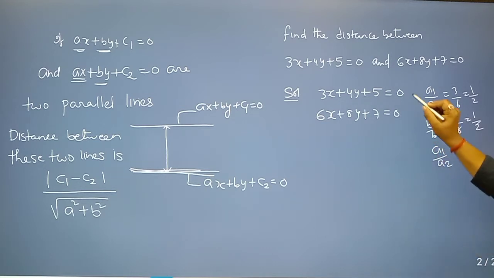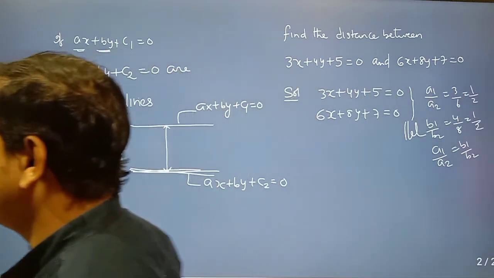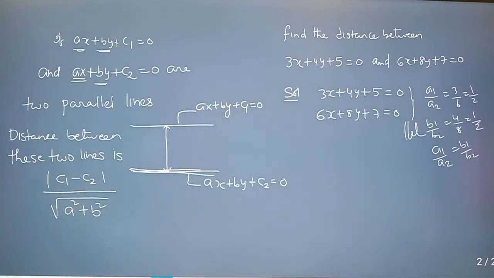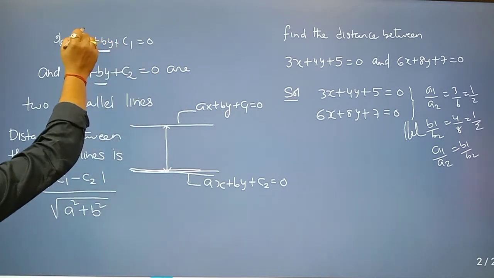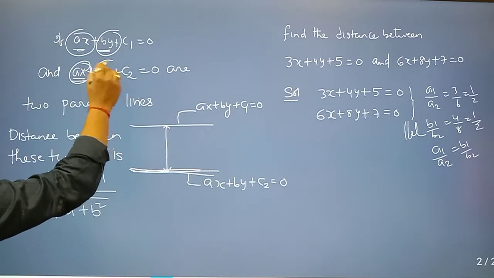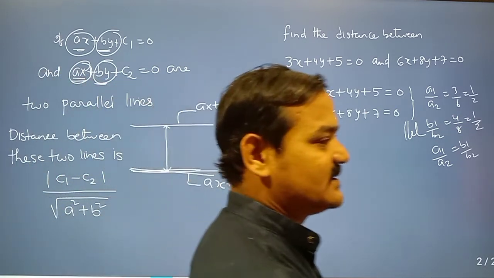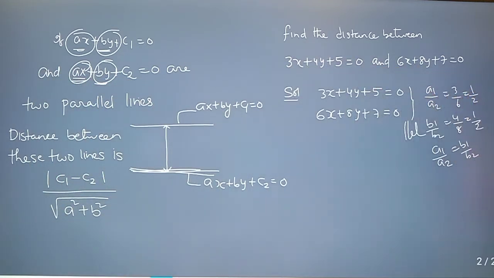So automatically these two lines are parallel lines. Now you need to apply this formula. But remember one thing, this formula can be applied only when the x coefficients and y coefficients are equal.